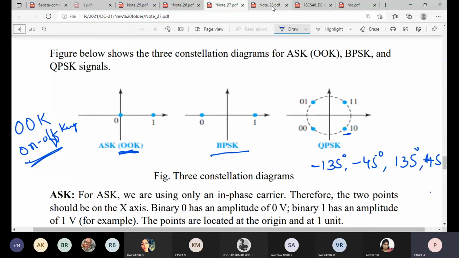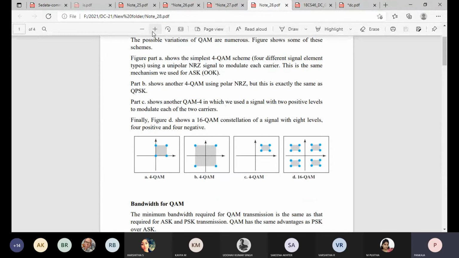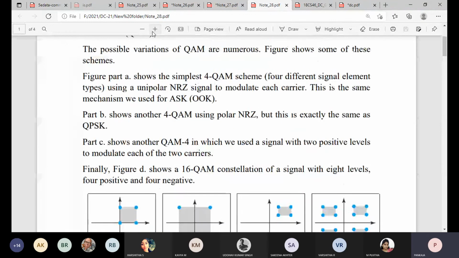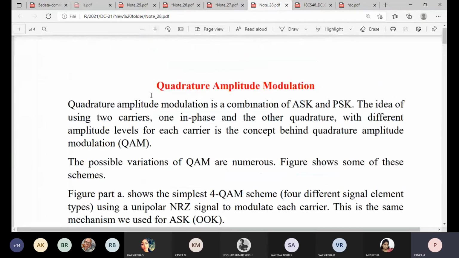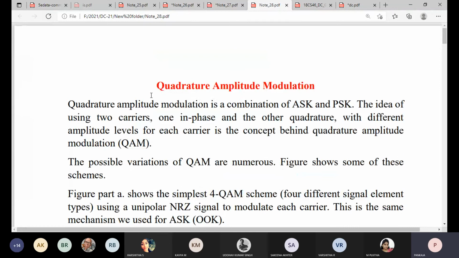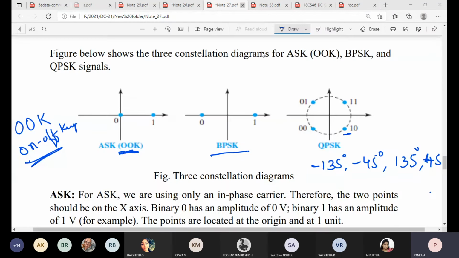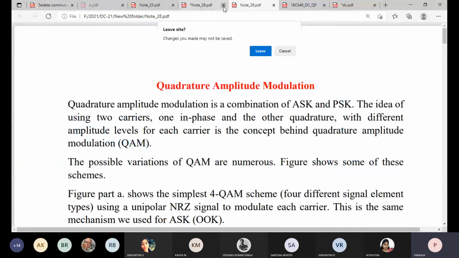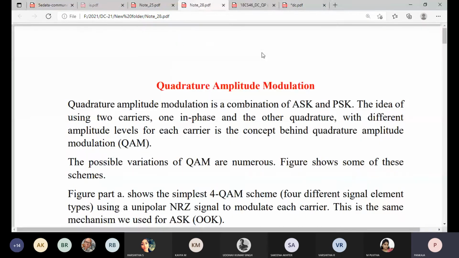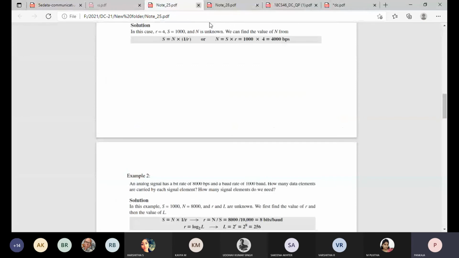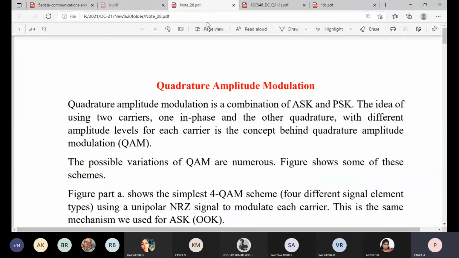Let me quickly go to quadrature for 5 minutes at least. So the next method is quadrature amplitude modulation. What is this quadrature amplitude modulation?